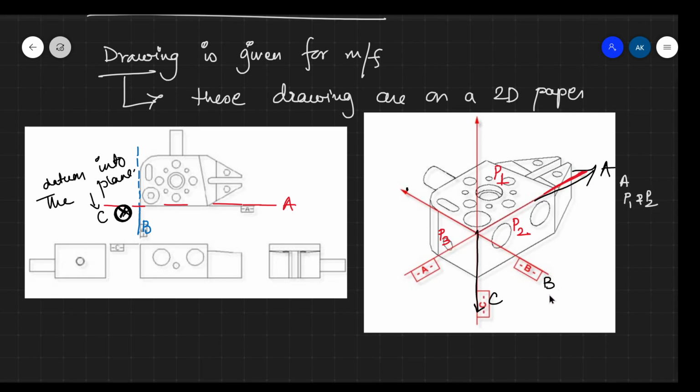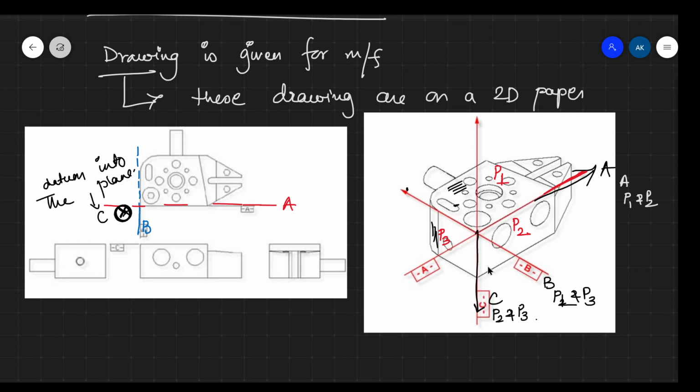This is Boolean of plane P2 and P3, and this is Boolean. Sorry, this B is P1 and P3. This is P1, this top plane. This is P1. This is P3. So the intersection of these planes is B, and the C is the intersection of plane P2 and P3.